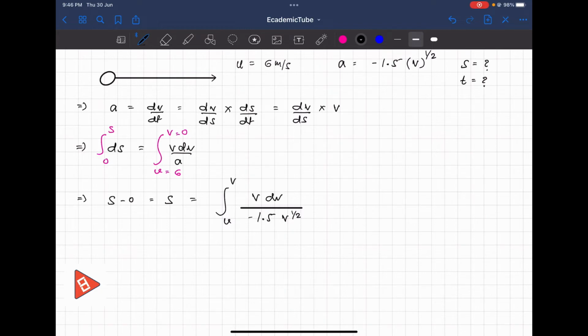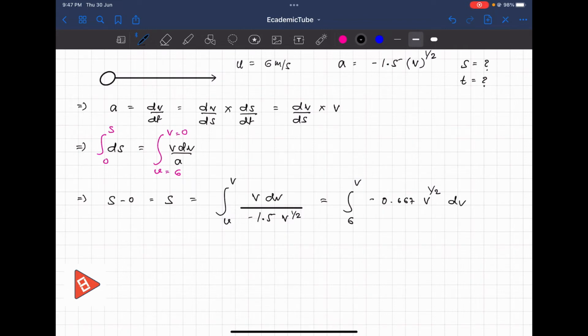So we can write this as the integral from 6 to v of minus 0.667 v to the power 1 by 2.